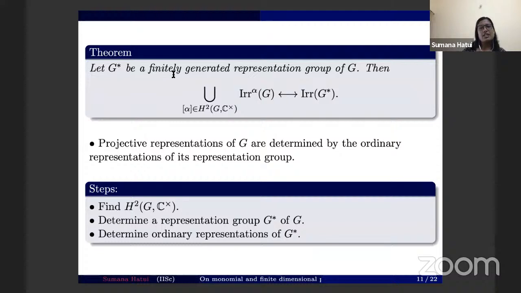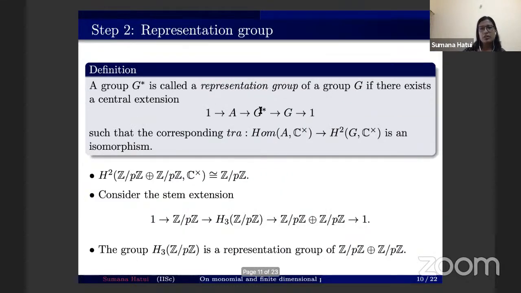If G star is a finitely generated representation group of G, then you have a bijective correspondence between all projective representations of G and ordinary representations of G star. So if you have a representation group of G, then there is a bijective correspondence. We need this condition also: it has to be finitely generated, otherwise we cannot apply the Schur lemma.